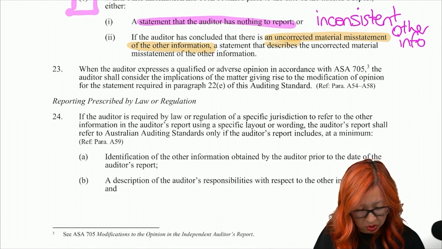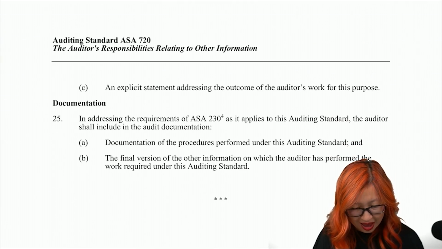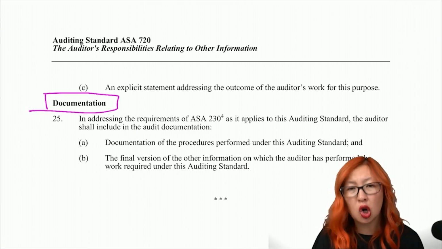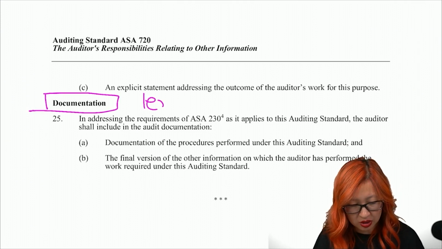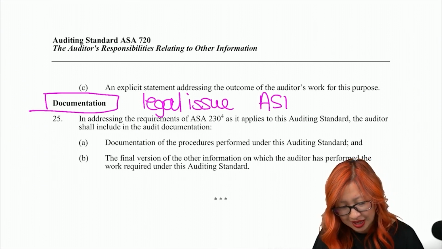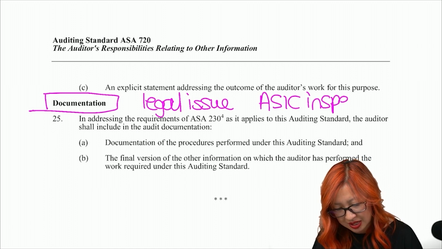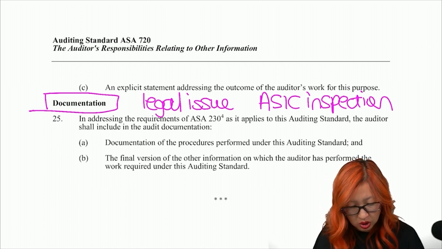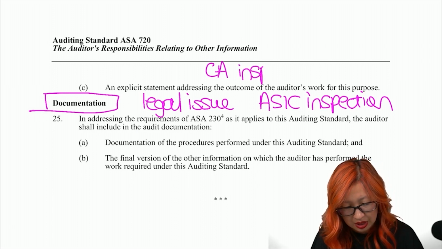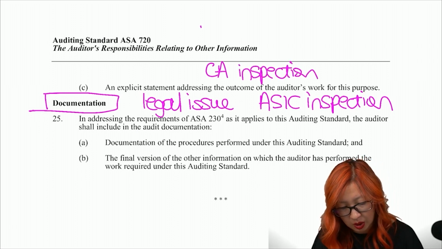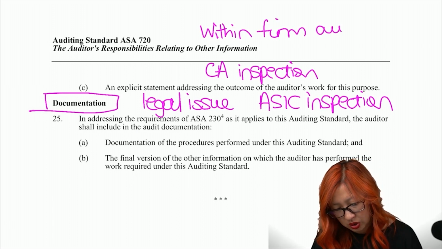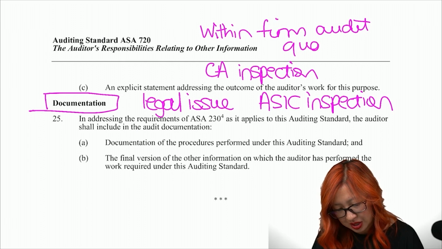Obviously, there's some reporting in the law there, and I always tell you about this, we have to document everything in case we have a legal issue or in case we get a regulator inspection, or it could be a chartered accountant's inspection, or it could even be a within-firm audit quality inspection.